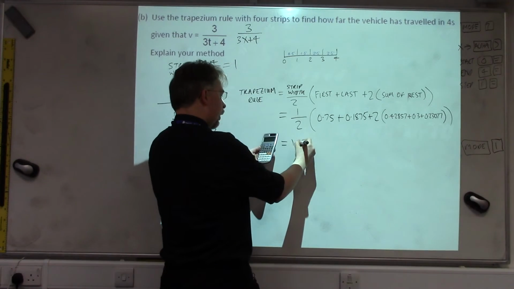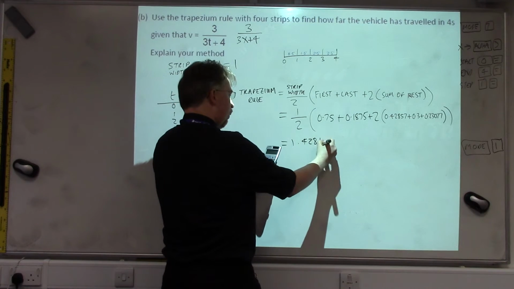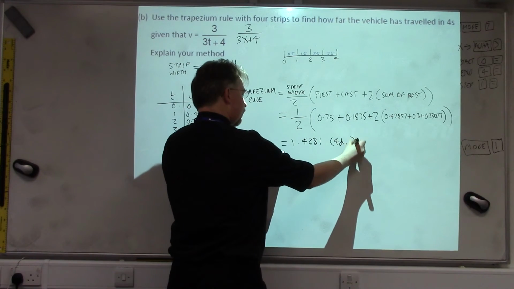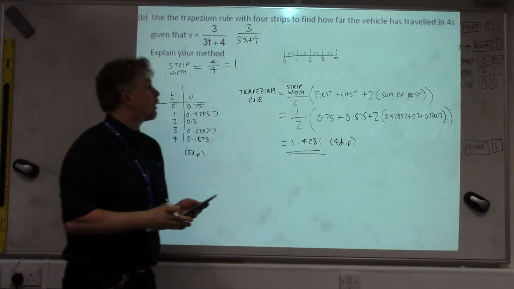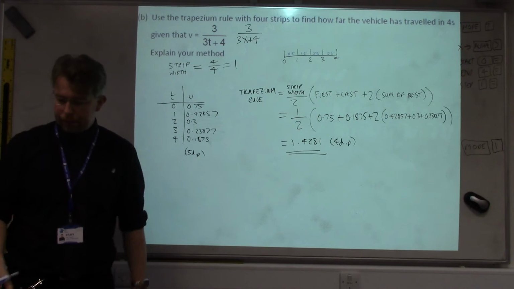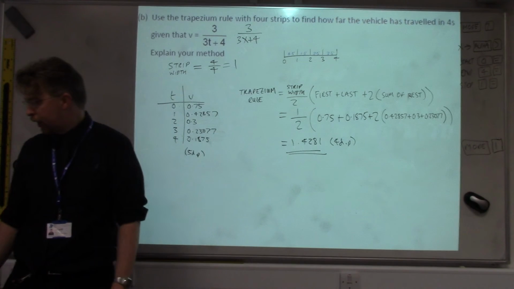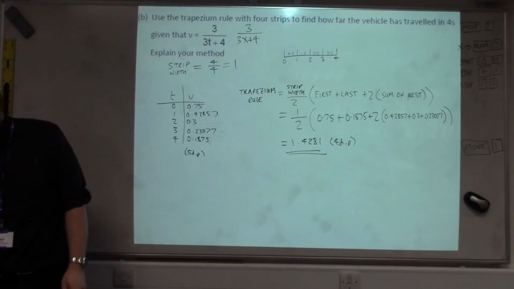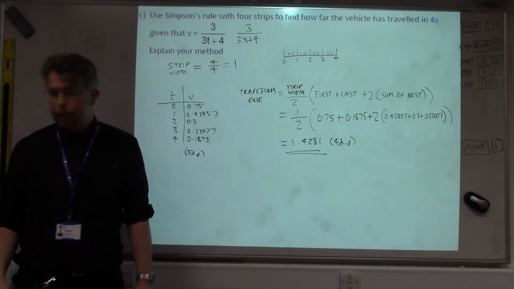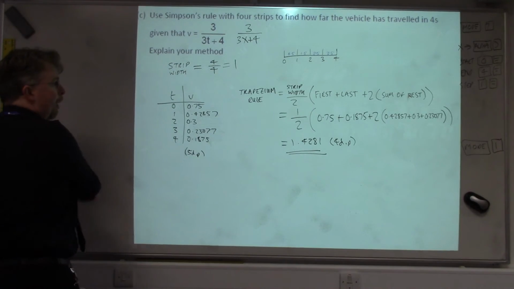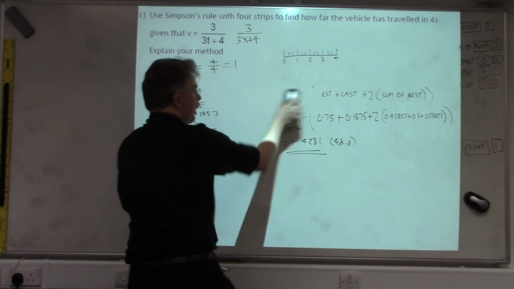And so to 4 decimal places, 1.4281. And that's the Trapezium rule. So again, explaining your method is for merits and distinction; this much is what you need to pass. Part C, Simpson's Rule, same table, just a different formula.